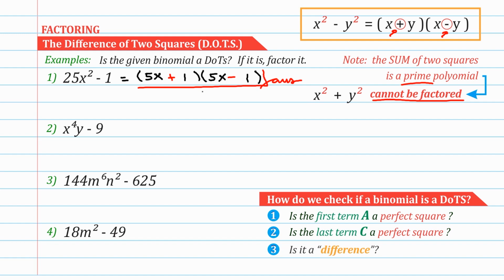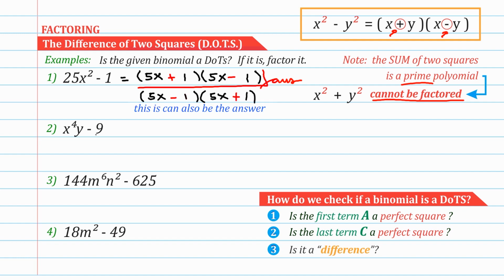But this is already the answer. Ang dali, no? Now, again, if you are wondering, you can also write as an answer yung baliktad niyan. Because multiplication is commutative, we can also write 5x minus 1 times 5x plus 1. Either of the two. Okay?